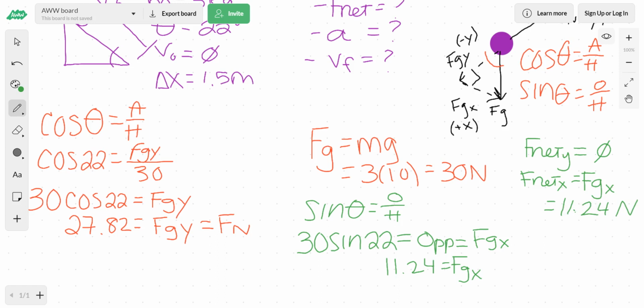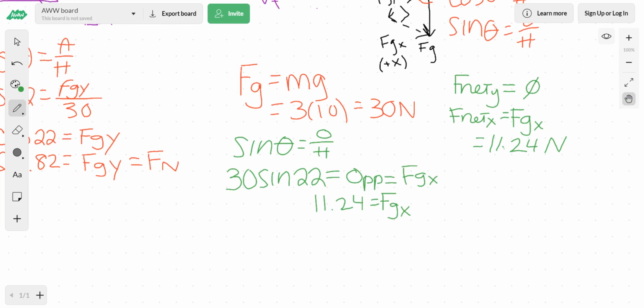Now, we want to find acceleration. And acceleration is calculated with the net force situation. So F net is equal to Fgx, but the general formula for force says that F net is equal to mass times acceleration. So we know that we're experiencing 11.24 newtons.